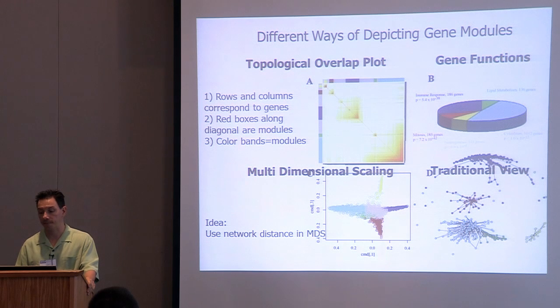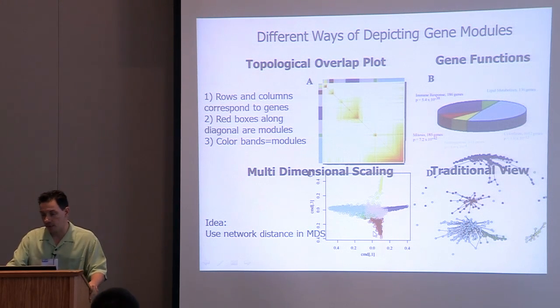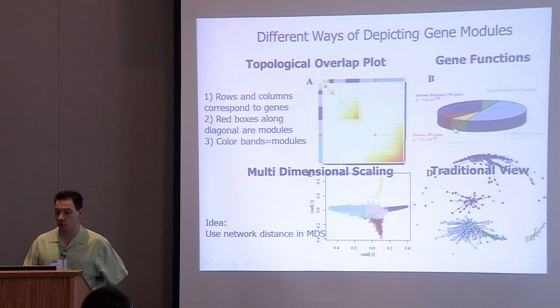Now, all of these are nice ways of visualizing things, but of course a biologist would like to know, what's known about these genes? What is special about the brown module genes? What's their meaning? To do that, one can do gene ontology enrichment analysis, and we'll teach you some of these tools.